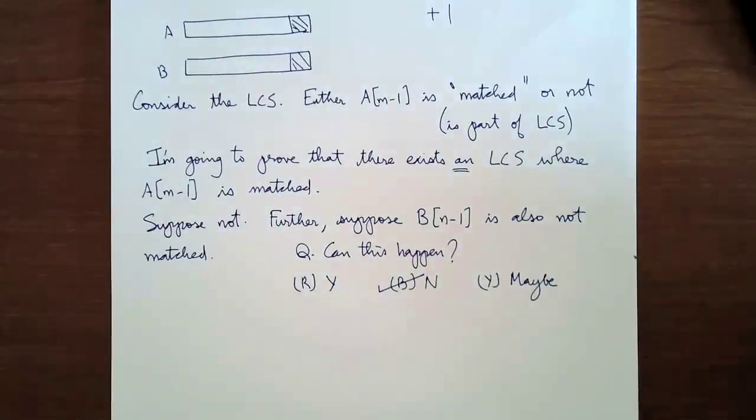Correct. Okay, does that clarify your question? Yeah. Okay, good. To answer your question, I think maybe it cannot happen simply because they're not common. It doesn't satisfy the requirement of the problem.